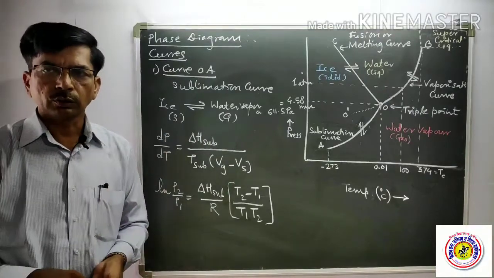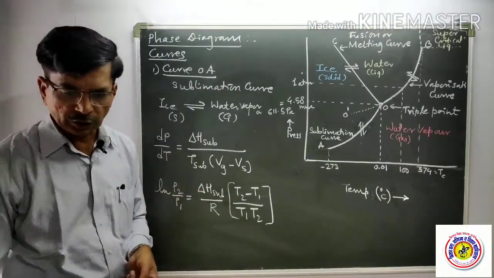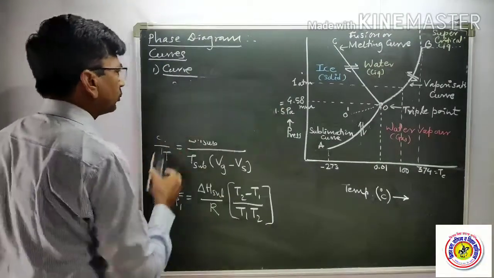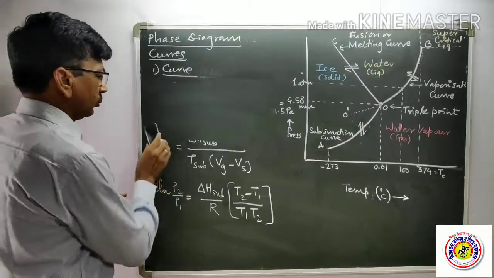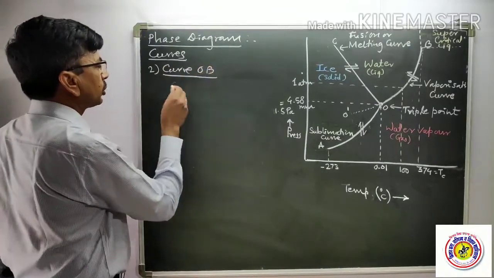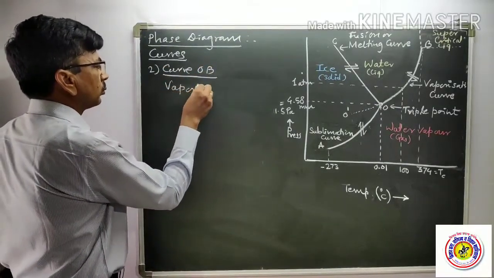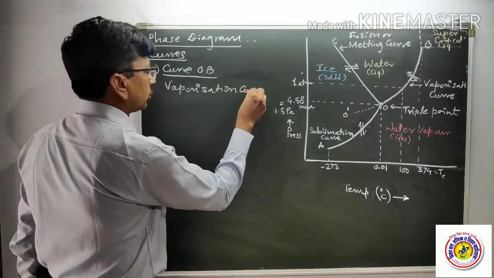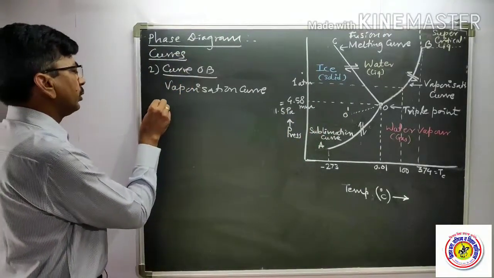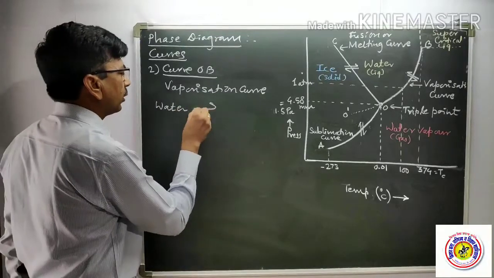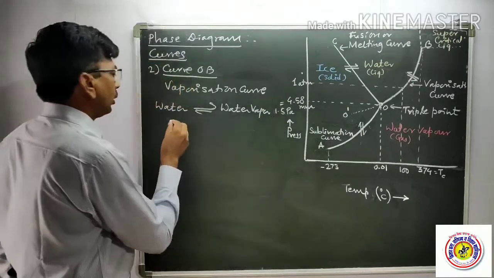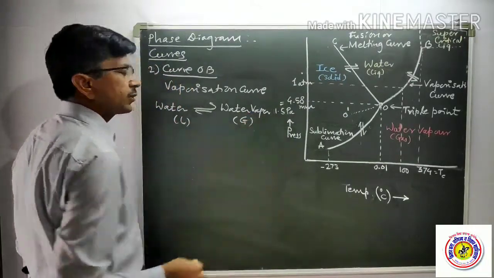Now we see the second curve, curve OB, which is the vaporization curve. In this curve there is equilibrium between liquid water and water vapor in the gaseous state.